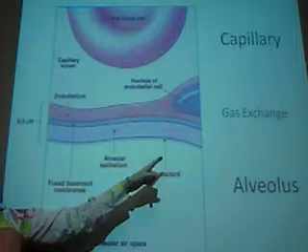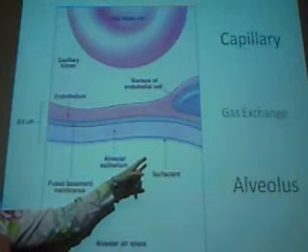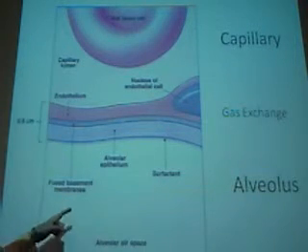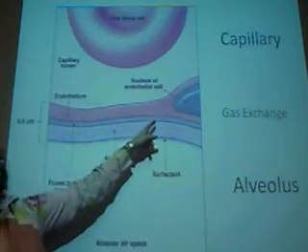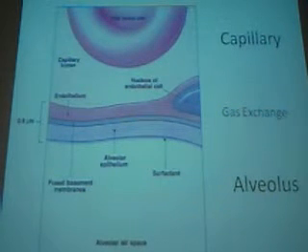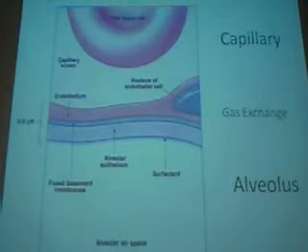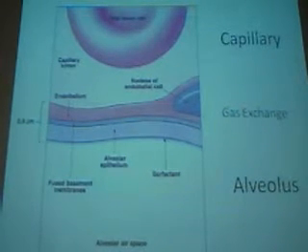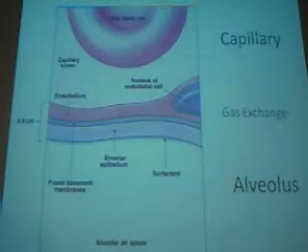They should have just said it's simple what? Squamous. Simple squamous. Right here is fused basement membranes, and right here is endothelium of a capillary. Well, capillaries have only one cell layer made up of what? Same. Simple squamous. Good. So you can see how easy it is for diffusion of gases to occur.